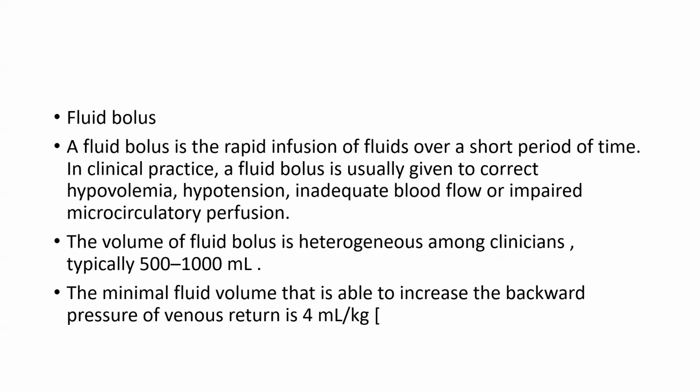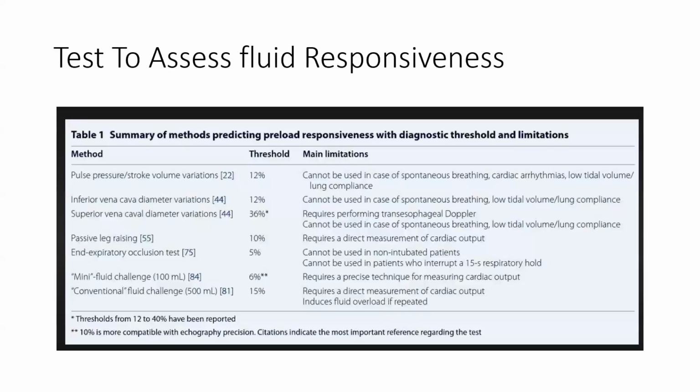The volume of the fluid bolus is heterogeneous among clinicians, usually 500 to 1000 ml. The minimum fluid volume that is able to increase backward pressure of venous return is 4 ml per kg.